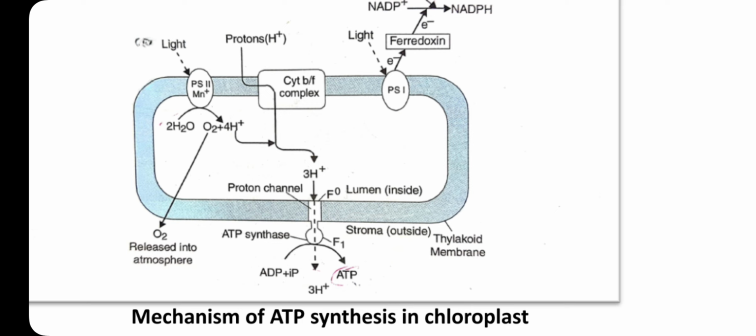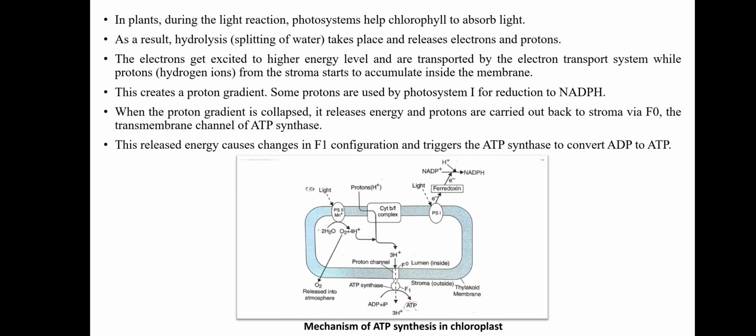Then H plus is released outside to balance the H plus concentration, and they release through ATP synthase. During their release, ADP is phosphorylated to form ATP. So this is the overall mechanism of the chemiosmotic hypothesis.